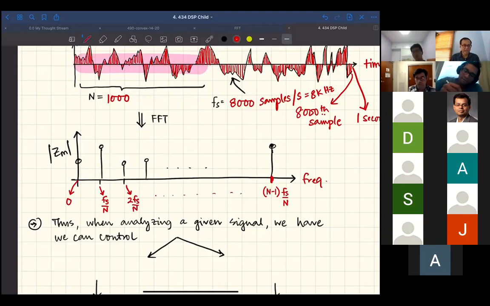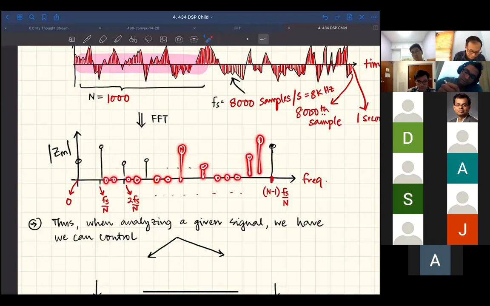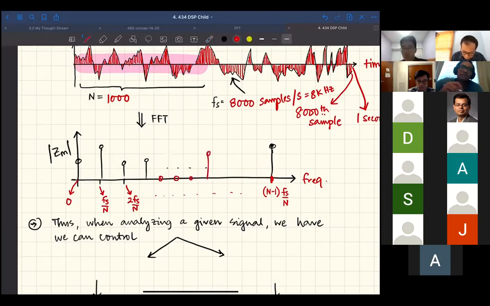Right? And now when you take the FFT of that signal, you will see there are some frequencies at Fs by N, some frequencies at 2Fs by N, and so on. Maybe there are some frequencies which do not have any magnitude.